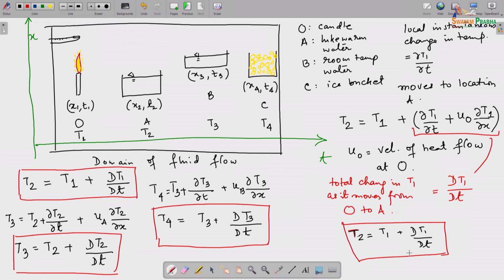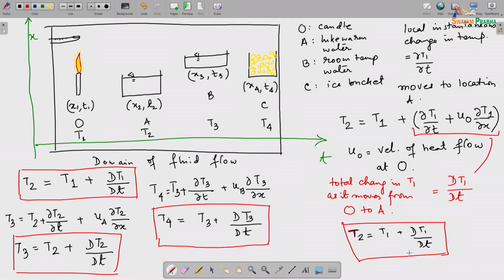This reference frame is obviously the Eulerian point of view, the Eulerian view, because I am basically saying that I am moving in the domain, and there is a change in the temperature because there is fluid flow. If I didn't have these things, if I just think about this.